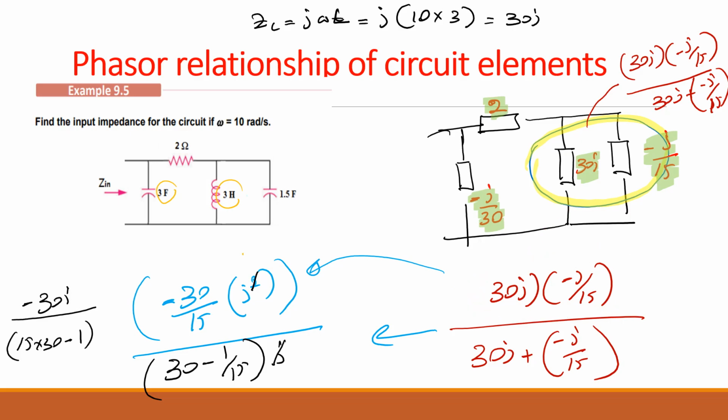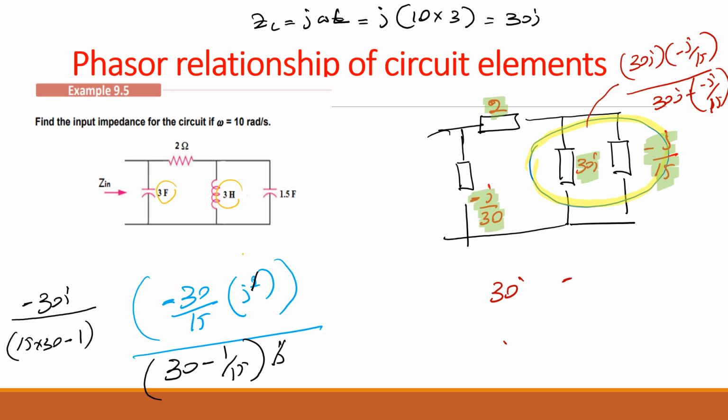Do you get the same? Is this right or wrong? When you add these two together, negative 0.07j. Do you have this or not?